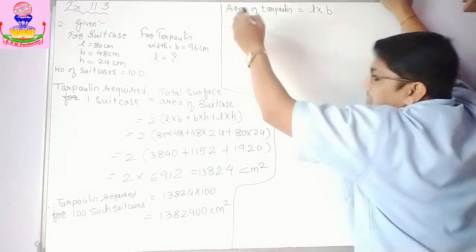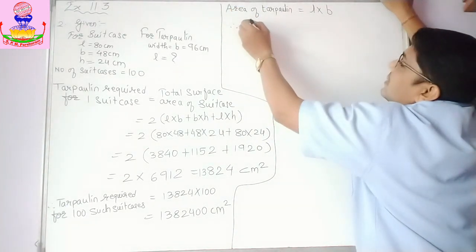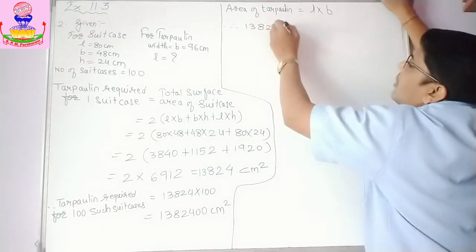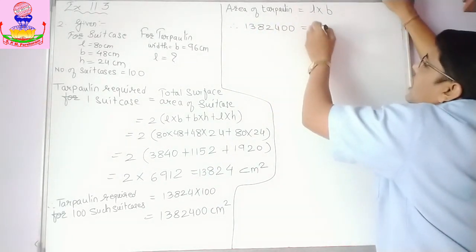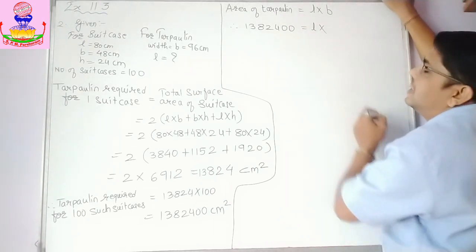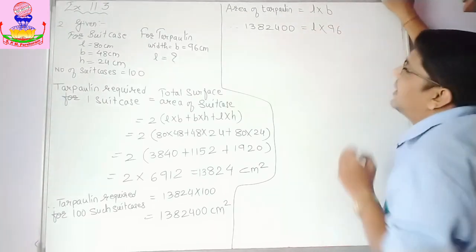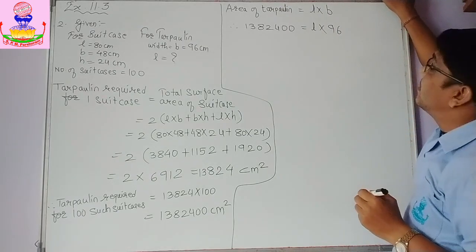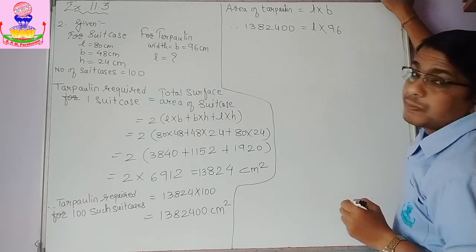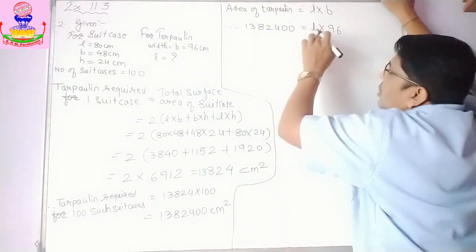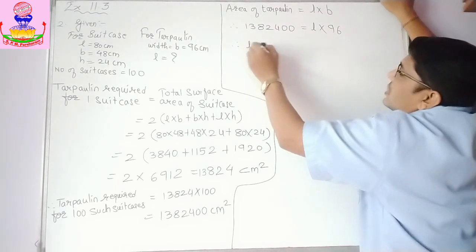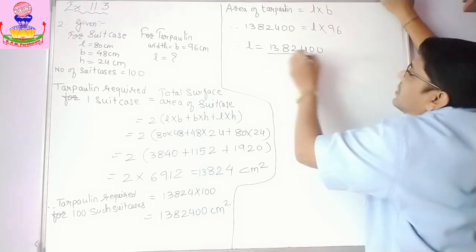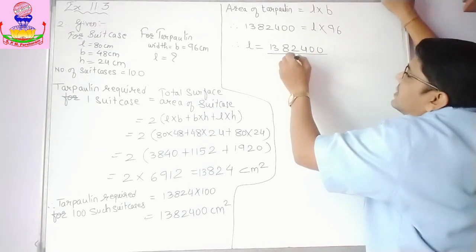Therefore 1382400 is equal to length into breadth. Breadth of tarpaulin is 96. So 13,82,400 centimeters square is the area of the tarpaulin required. Now I want to find the length. So length is equal to 13,82,400 upon 96.